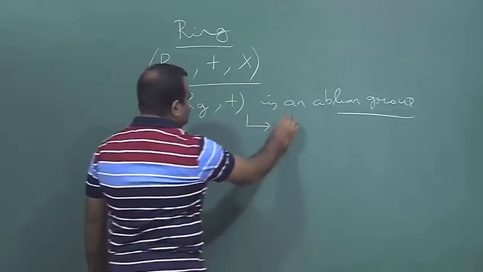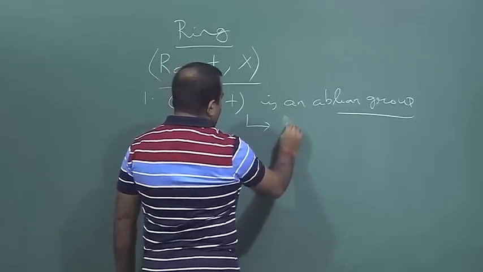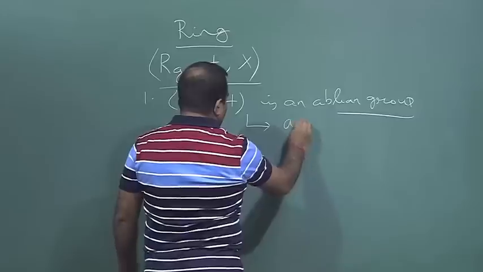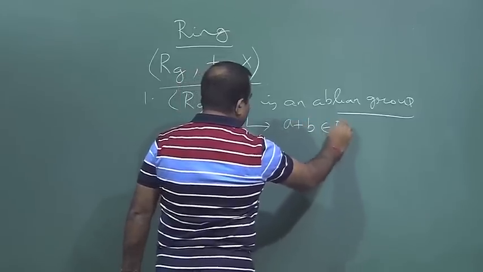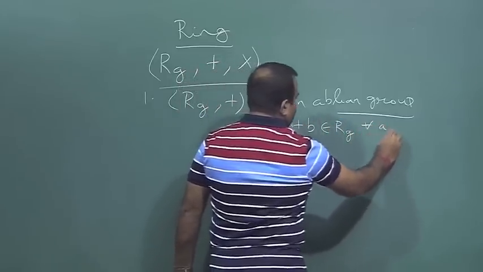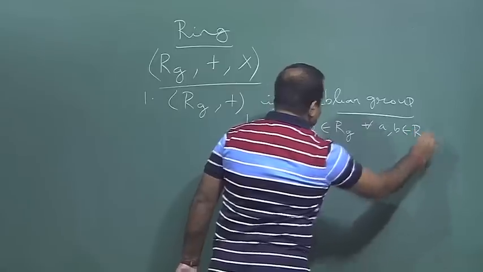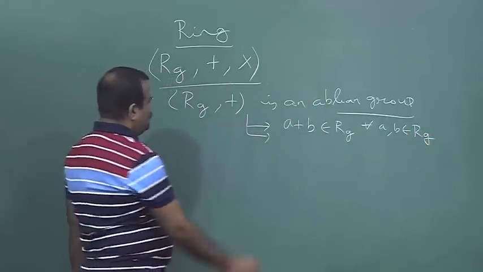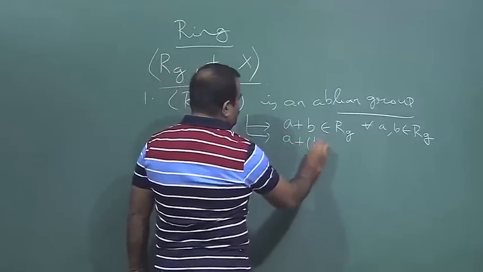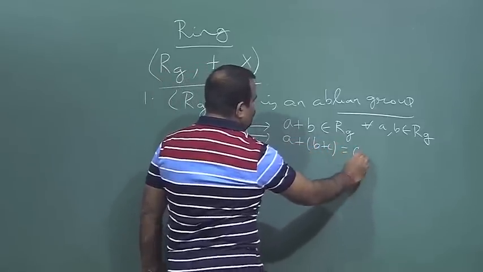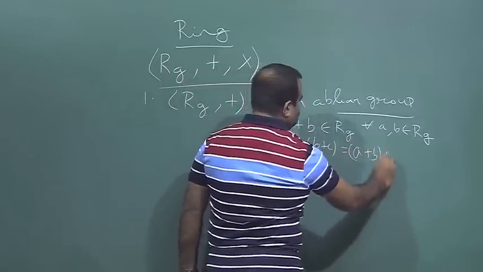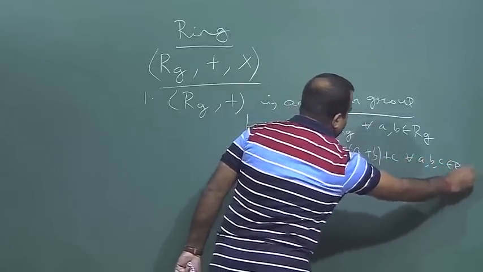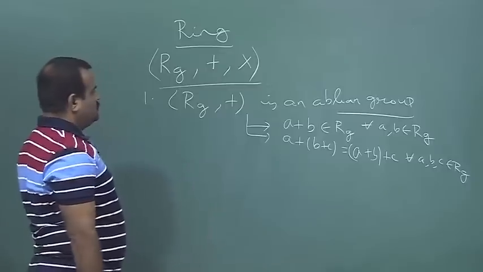Like closure: if we have two elements A, B, then A plus B must belong to R G for all A, B belonging to R G. This is the closure property. And the second one is associativity: A plus B plus C must be equal to A plus B plus C with the grouping changed, and this must be true for all A, B, C. This is the associativity property.